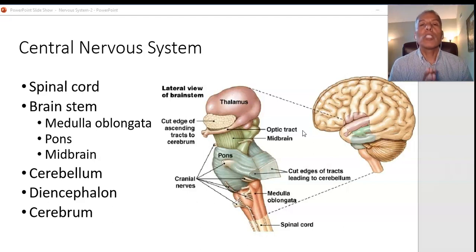Okay, the cerebrum. So these are five major components. The brainstem consists of 3 components. The diencephalon consists of 2 major components, the thalamus, and there's another structure that is not showing here. It's called the hypothalamus.